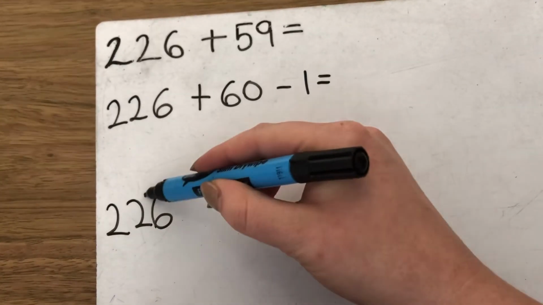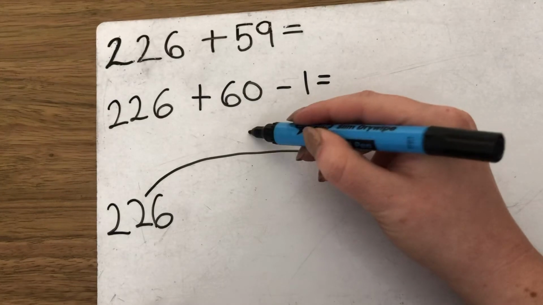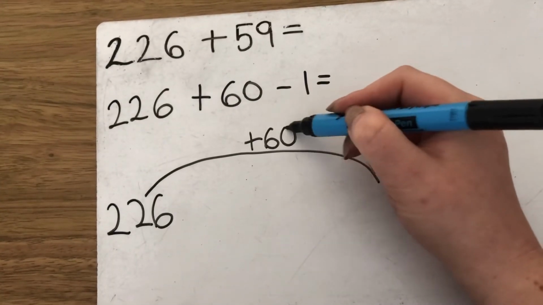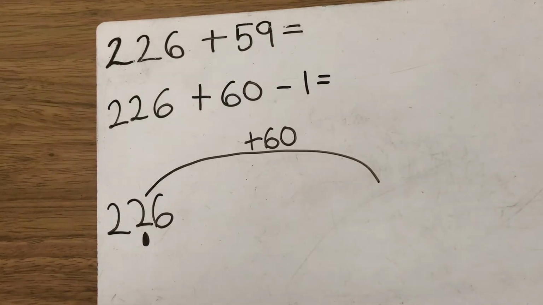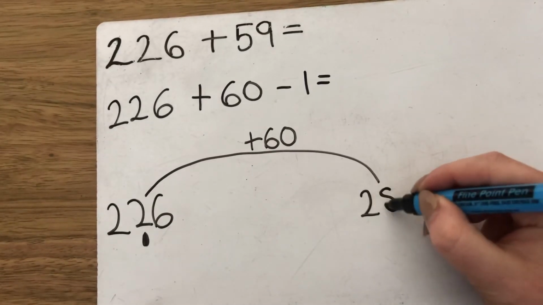So we've got 226 and we are going to add 60. Now remember, we're only going to be adding it to our tens. So when we're counting, we're changing our tens. So 226, 236, 246, 256, 266, 276, 286.